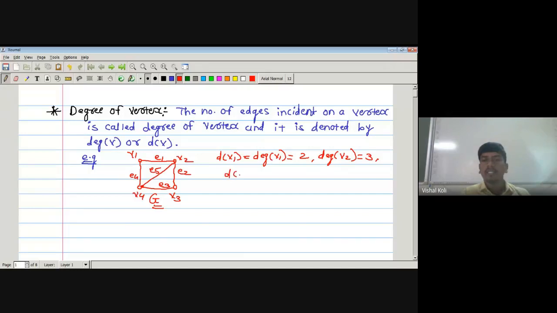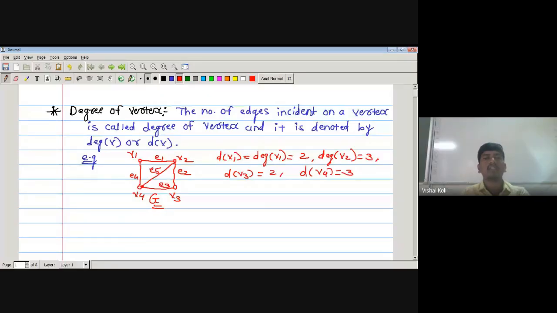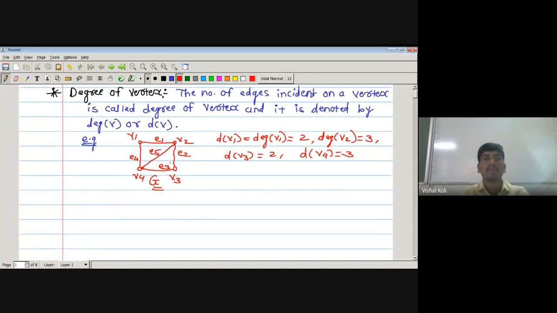Again, for the degree of V3, as there are only 2 edges incident on vertex V3, which are E2 and E3, the degree of V3 will be 2, and the degree of vertex V4 is equal to 3, since there are 3 edges incident on it. So in this way, if we are given any graph G and its vertices, we can easily find the degree of any vertex belonging to that graph G.